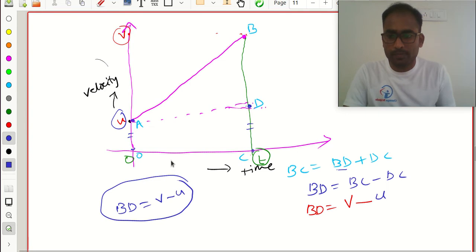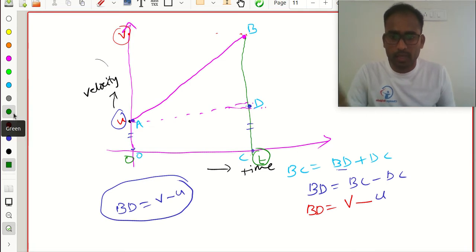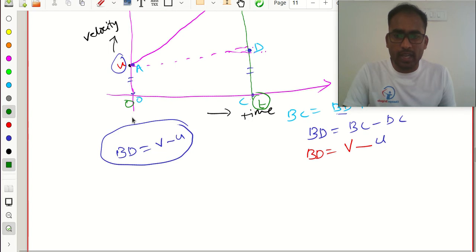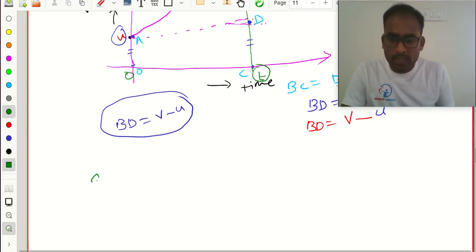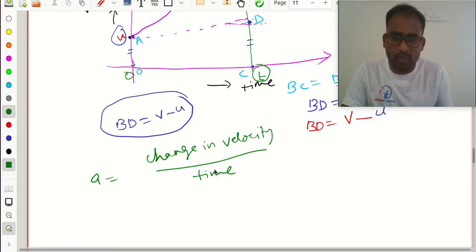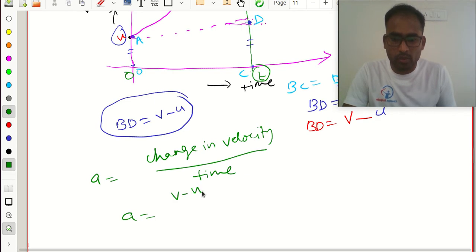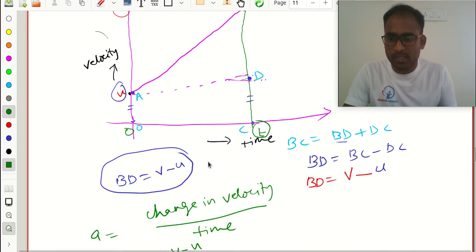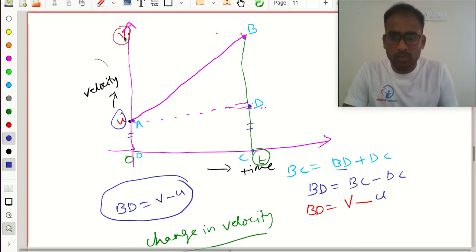Till now you clear? Next, I need to find the acceleration. Acceleration A is equal to change in velocity by time. Clear now? So acceleration A is equal to, what is change in velocity? Change in velocity is V minus U only. Our velocity is changed from U to V, initial velocity to final velocity.